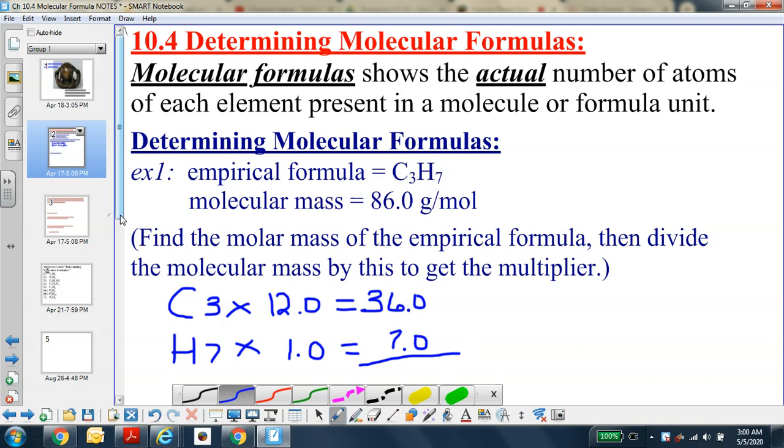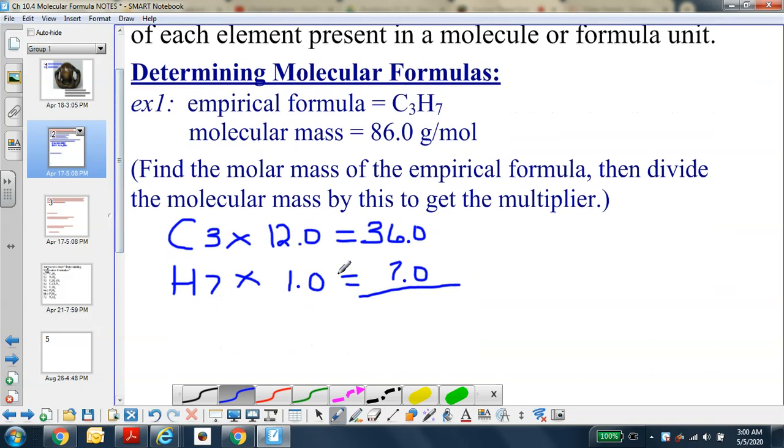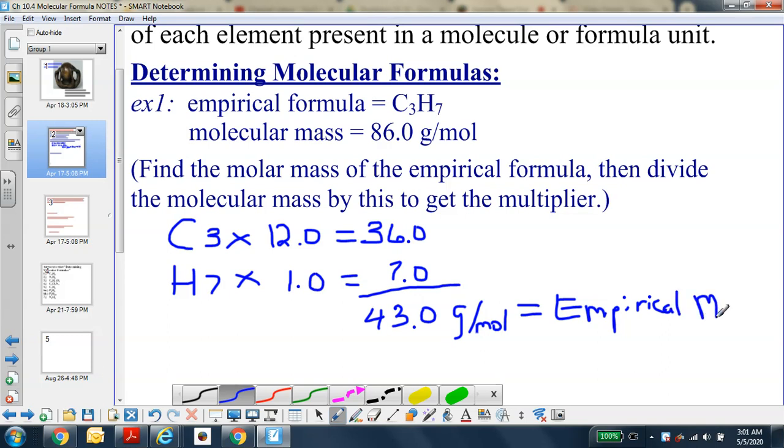And we need to add these two numbers up. So that gives us 43.0. And gram per mole is our unit. And I would like to call this my empirical mass. So this is my empirical mass.